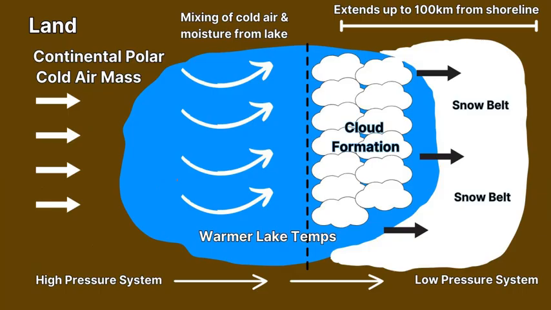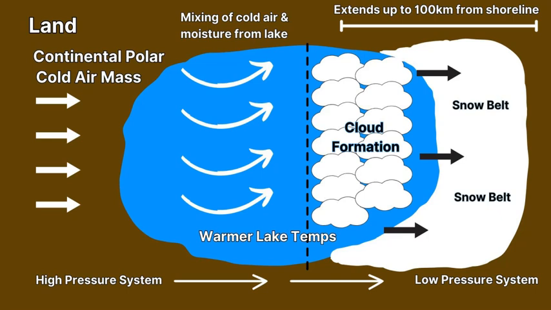From an aerial perspective, this is what the system looks like. On the left-hand side, you have this colder land continental area. The air mass is coming off this part of the continent over this large inland lake or sea that is cooled but not as cold, in terms of producing the moisture and water vapor required to mix and interact with the cold air mass, causing large amounts of cloud formation, cloud bands, and snow squalls.